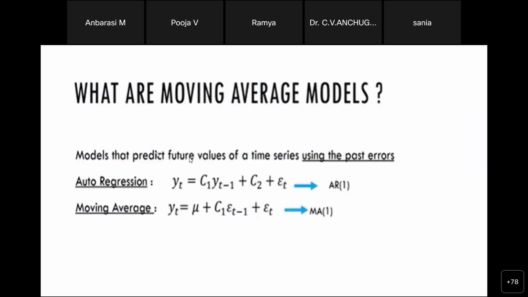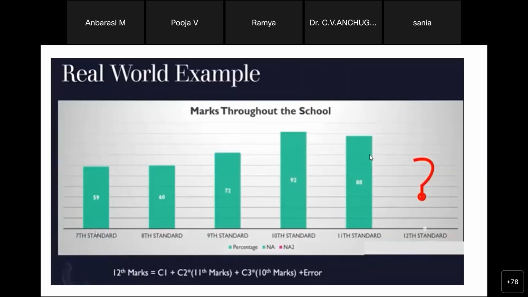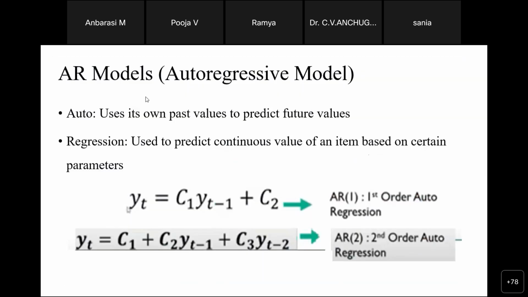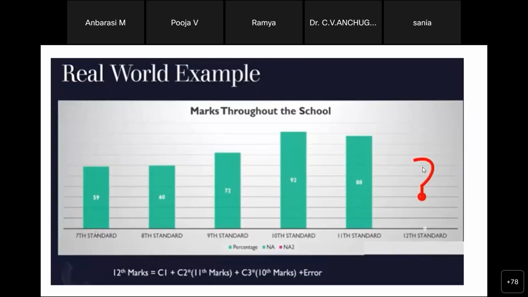The next one is the moving average model. In this model, we also predict the future value of the time series, but here we use past errors. In autoregression, we predict the future value using past values. Past values in the sense that we predict the 12th standard mark based on the 11th and 10th marks.